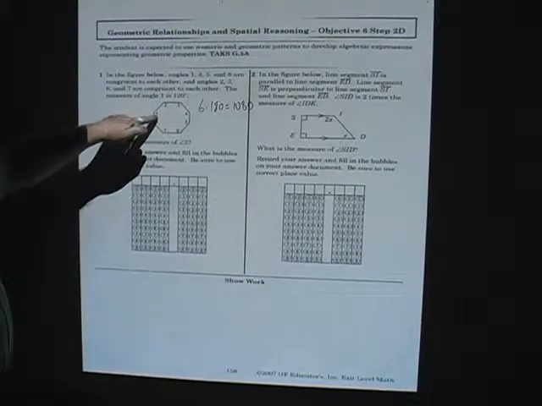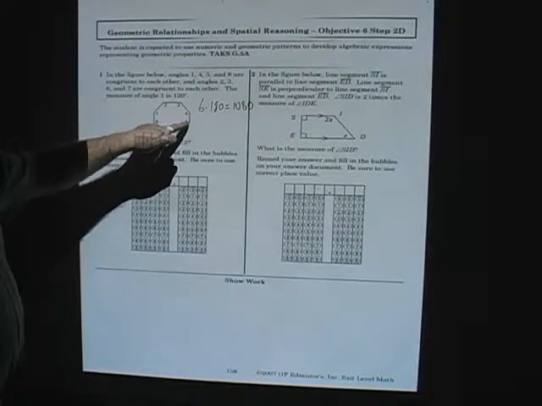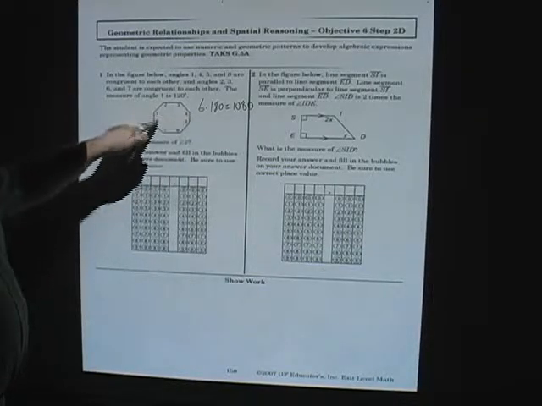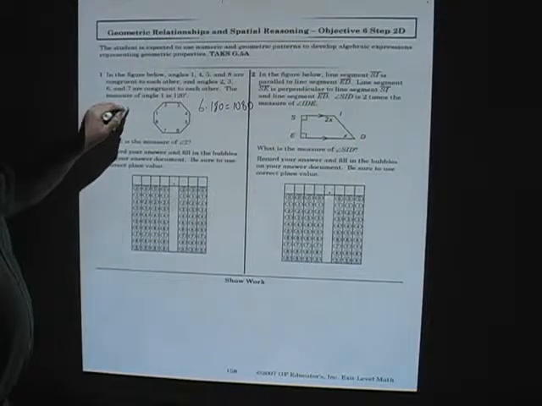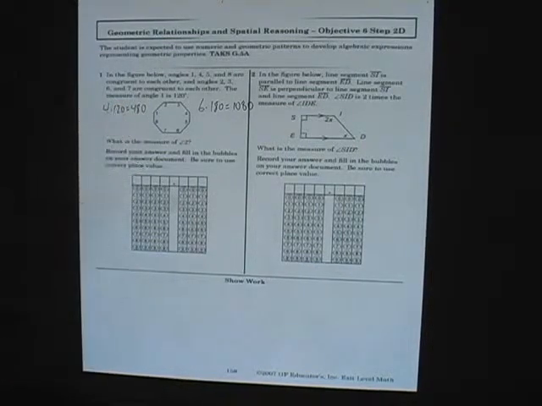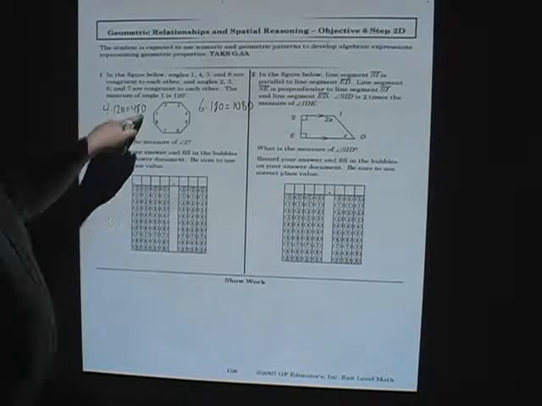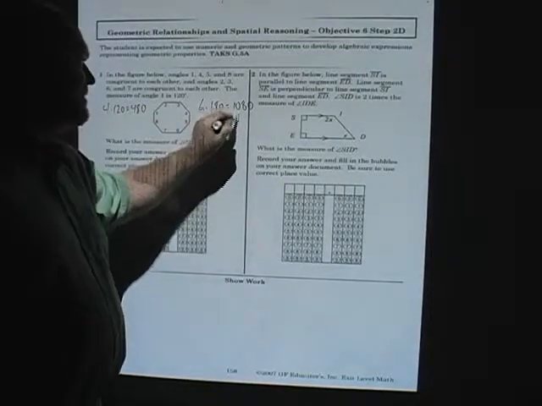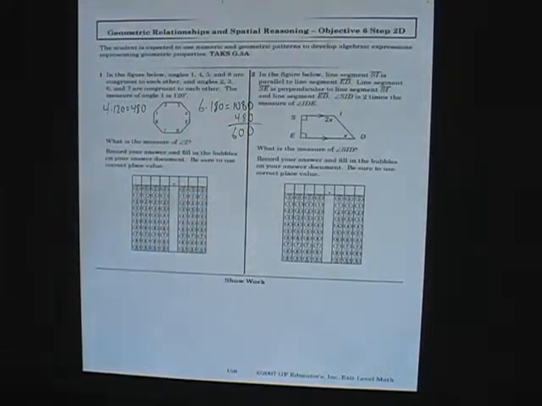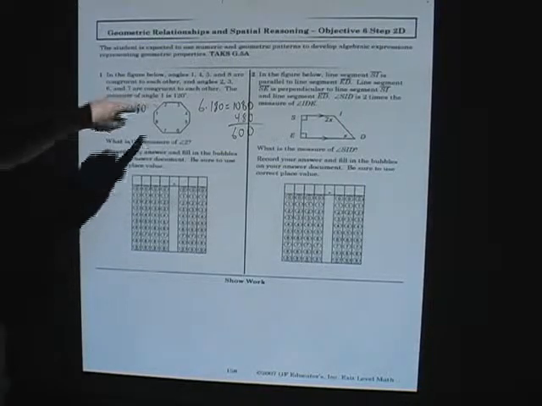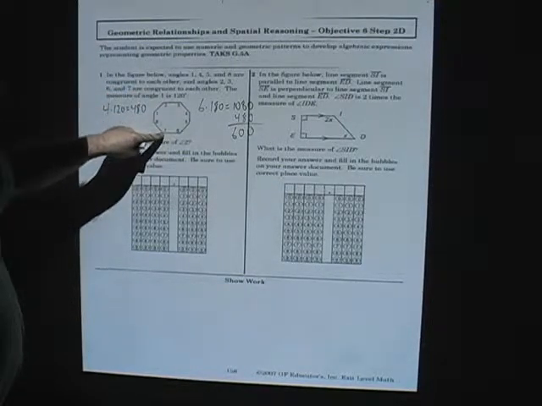We were told that this is 120, which makes these others 120 here, all 4 of these. So I could say 4 times 120 equals 480. Subtract that from 1080. That leaves me with 600. So there's 600 degrees left, which has to be split up between 2, 3, 6, and 7.